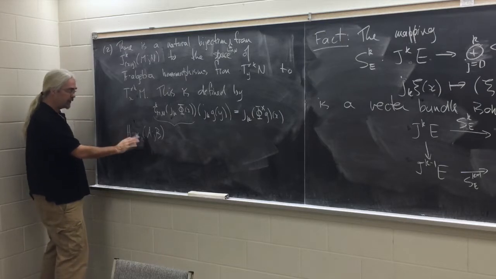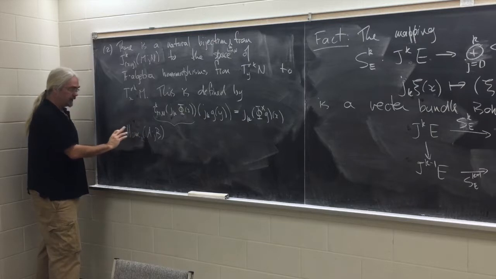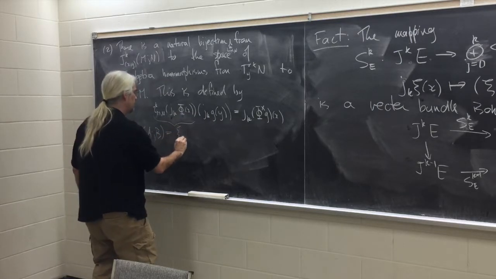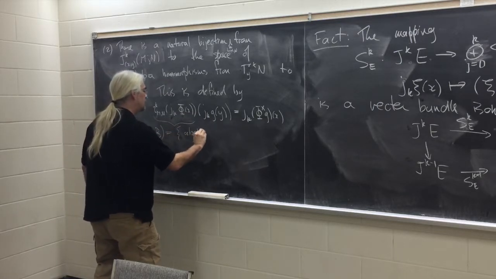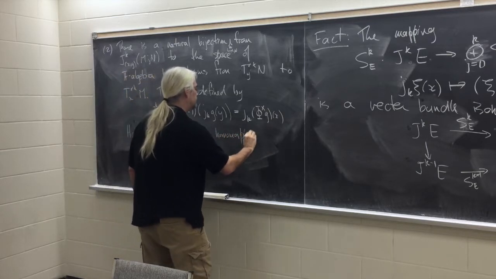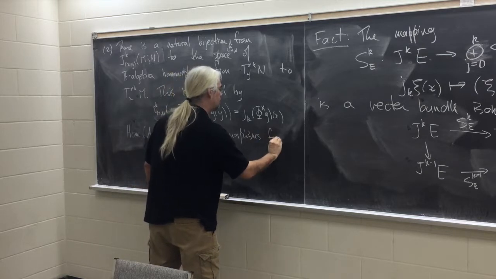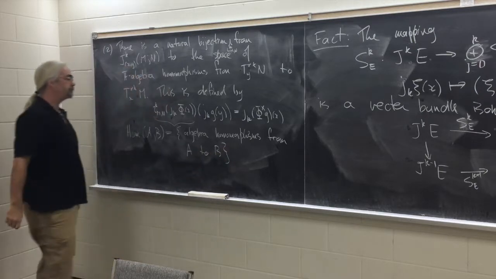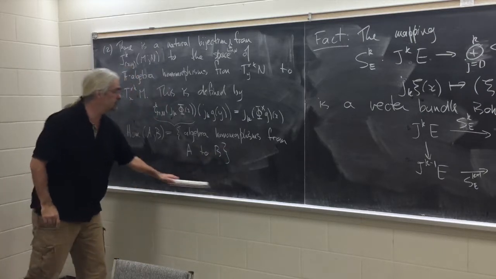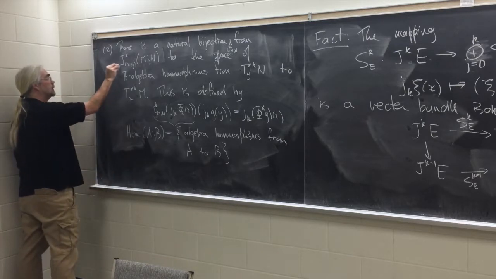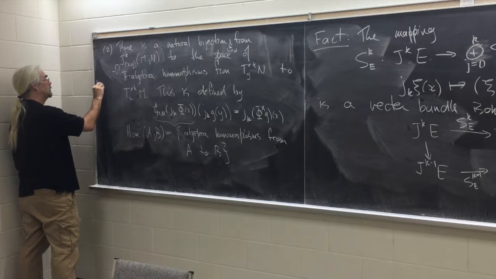So when I write Hom with no subscript, that means it's a set of algebra homomorphisms from A to B. All right, so this gives me a bijection from this space to this space.